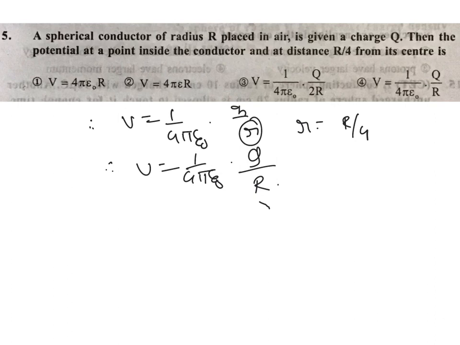So 1 by 4 pi epsilon naught into Q by R. Option 4 is the right answer for this particular question.